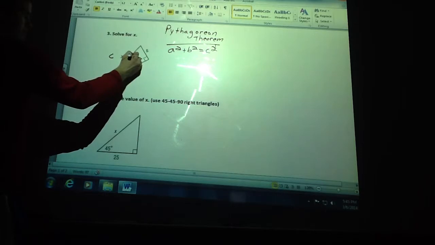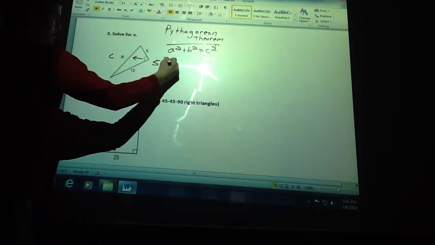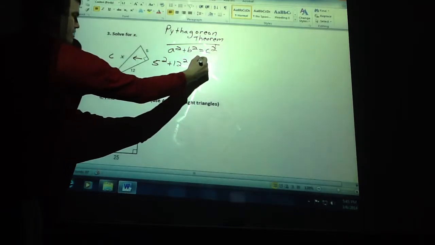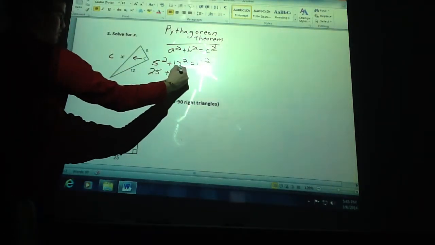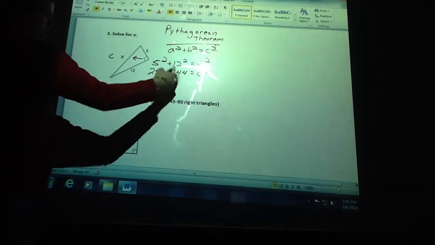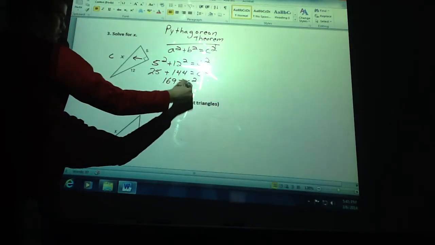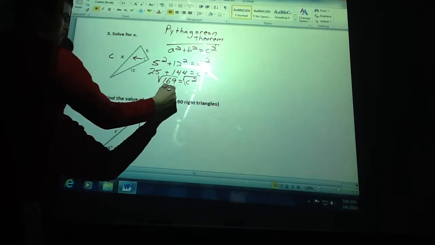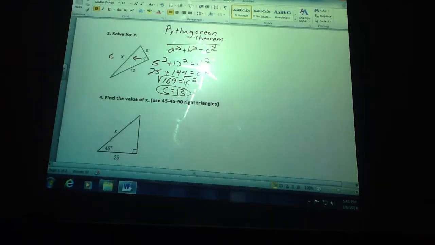The hypotenuse is the side that's opposite from your right angle. So here I'll have 5 squared plus 12 squared equals c squared. 5 squared is 25 plus 12 squared is 144 equals c squared. 25 plus 144 will give me 169 equals c squared. To solve, take the square root of both sides, so c is going to equal square root of 169, which is 13.